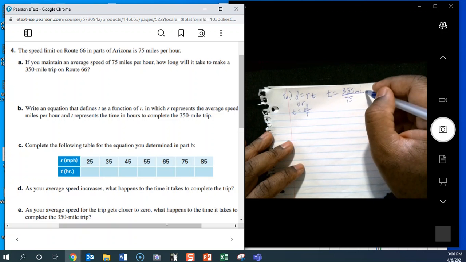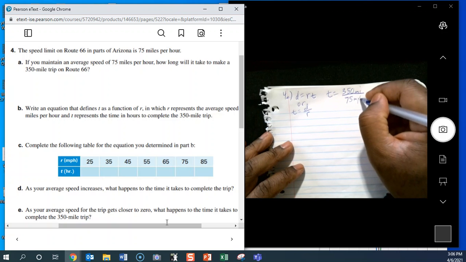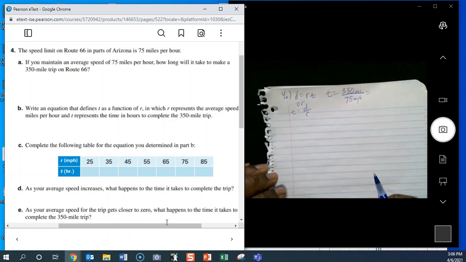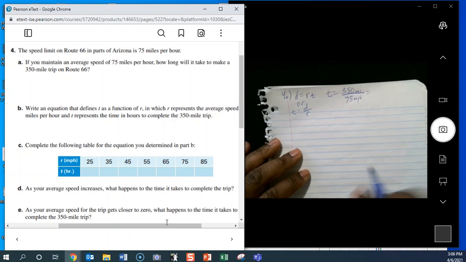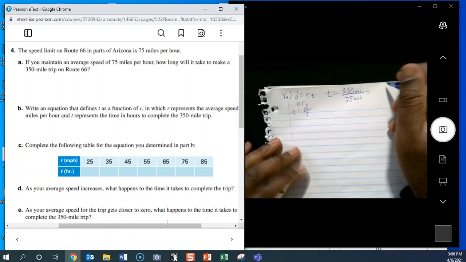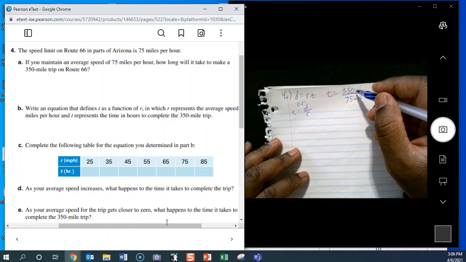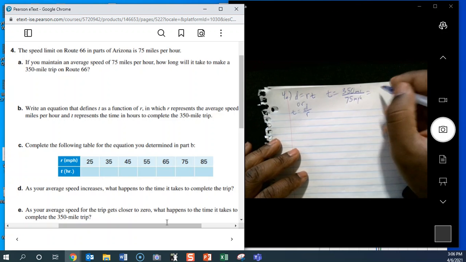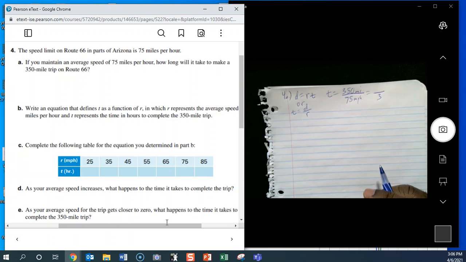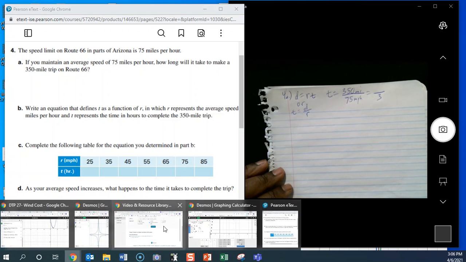So now we divide this out, and we could do this one of two ways. You could rewrite this as a fraction, and divide both of these by 25. Your denominator would be 3 here, and then you could use your Desmos.